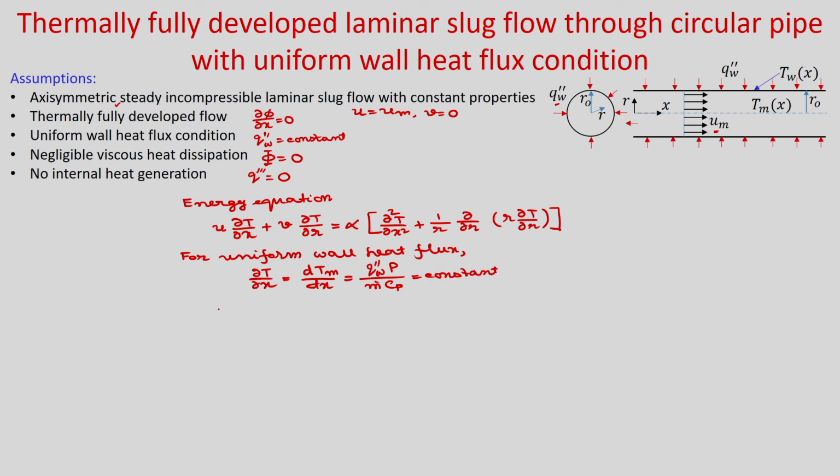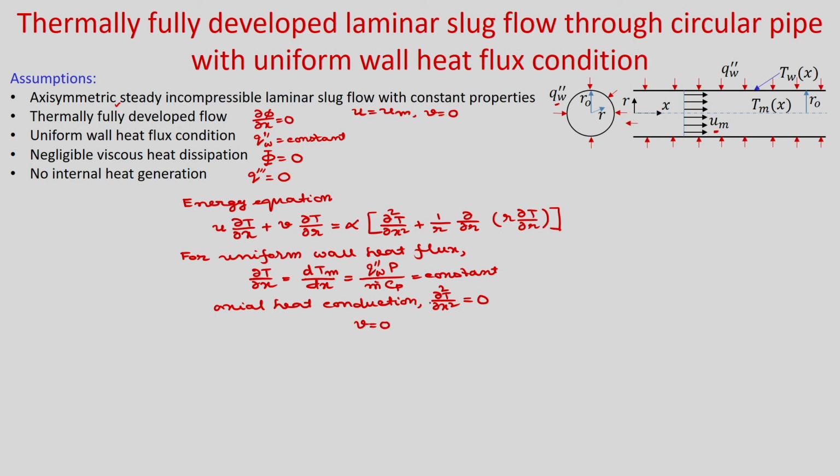Hence, your axial heat conduction del 2 T by del x square is equal to 0. Okay. And for slug flow you can see V is also equal to 0.